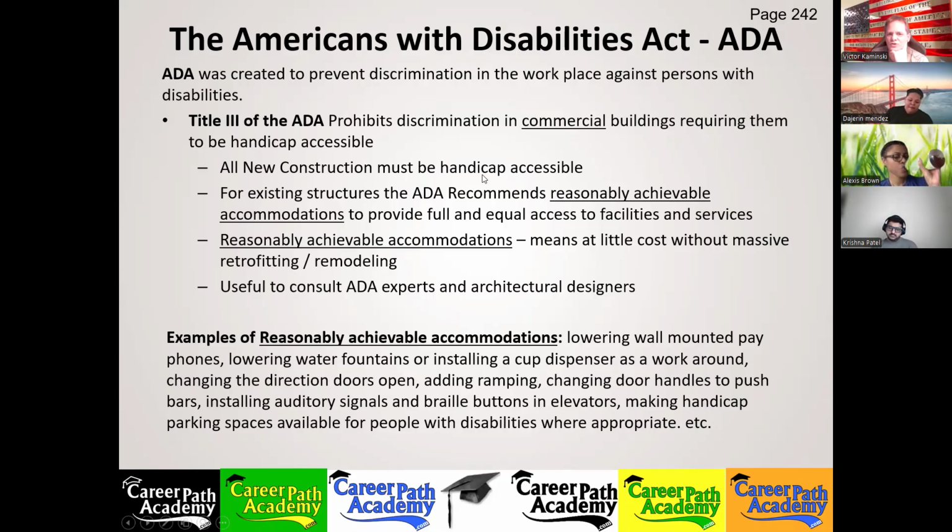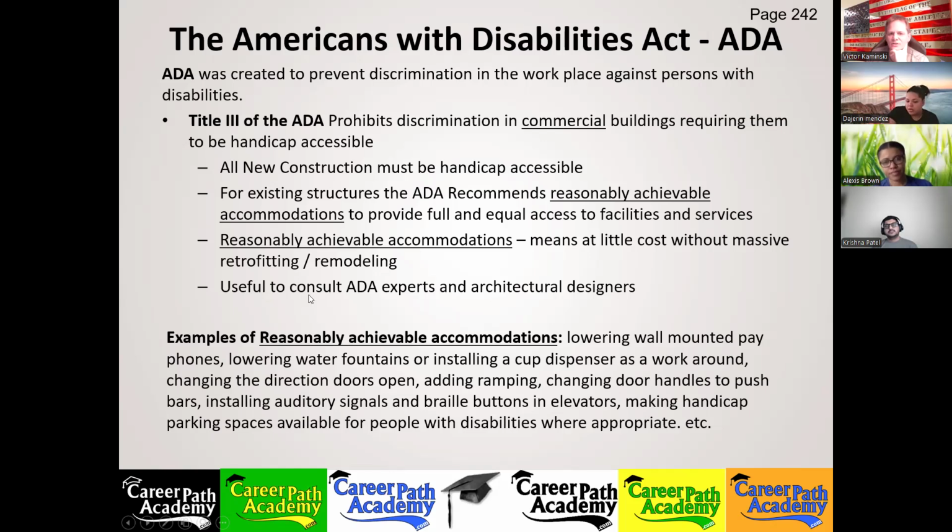It states that all new construction must be handicap accessible. For existing structures, the ADA recommends reasonably achievable accommodations to provide full and equal access to the facilities and services. Reasonably achievable accommodations means at little cost, without massive retrofitting or remodeling.